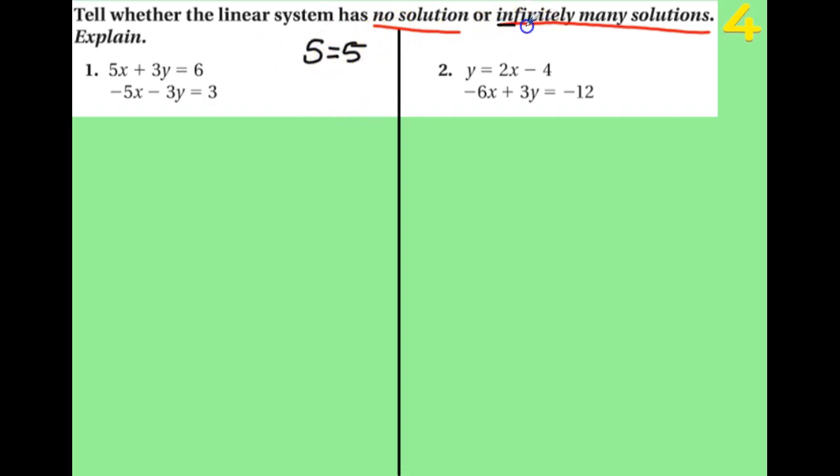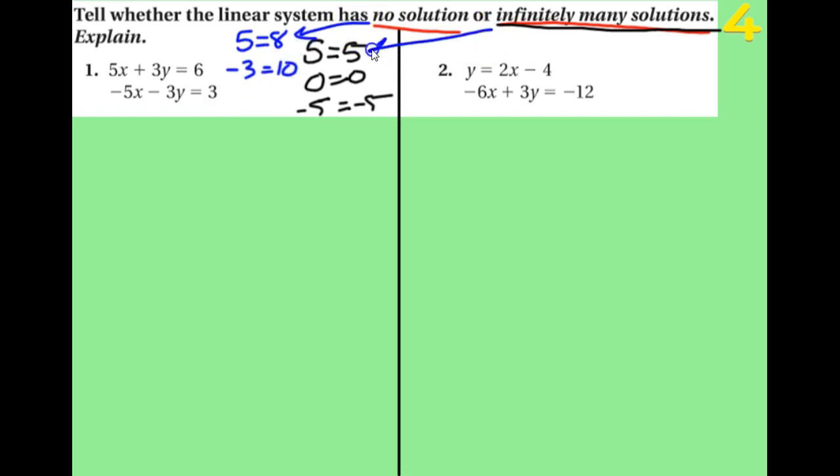So that's where you have infinitely many solutions. If it's 0 equals 0, negative 5 equals negative 5, whatever the number is, that would be infinitely many solutions. It would be no solution if you get something like 5 equals 8, or negative 3 equals 10. So those are examples of when you'll have no solution, doesn't work, not possible, or infinitely many solutions.